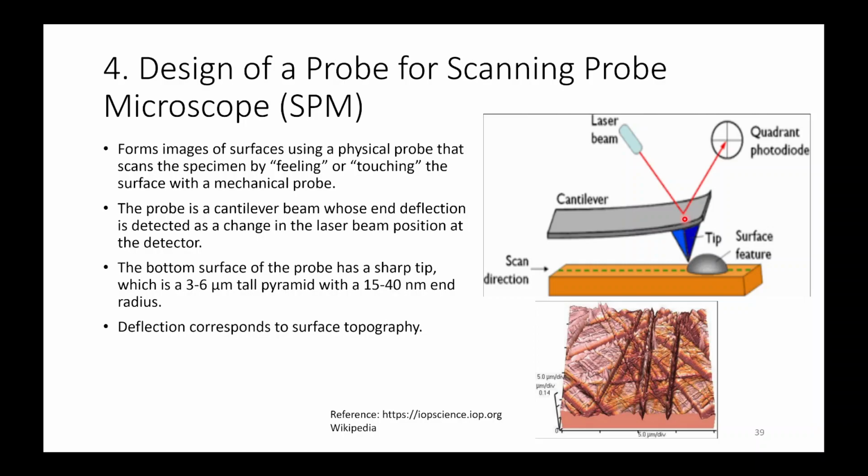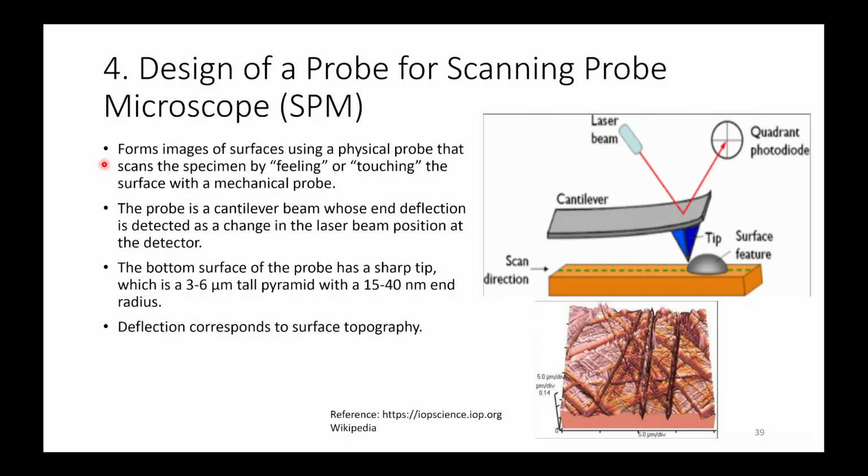This deflection is noted by this laser beam and by observing this through this sensor, which is a quadrant photodiode. Now using this sensing, we draw these images in this format. So we get to see at which area there is depth, and on which area there are certain surface features.